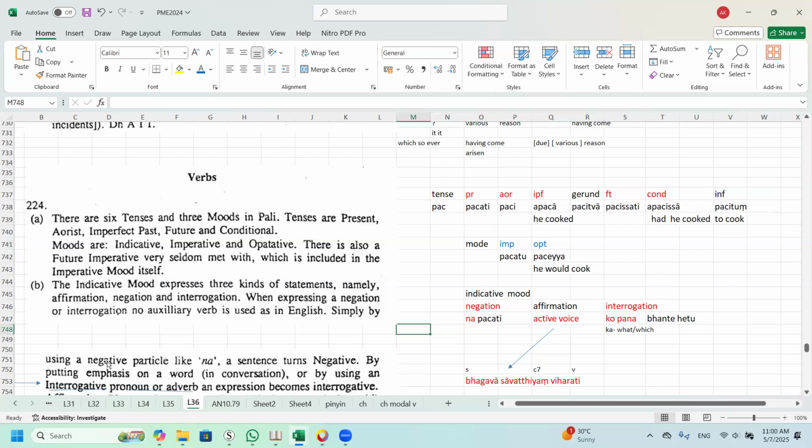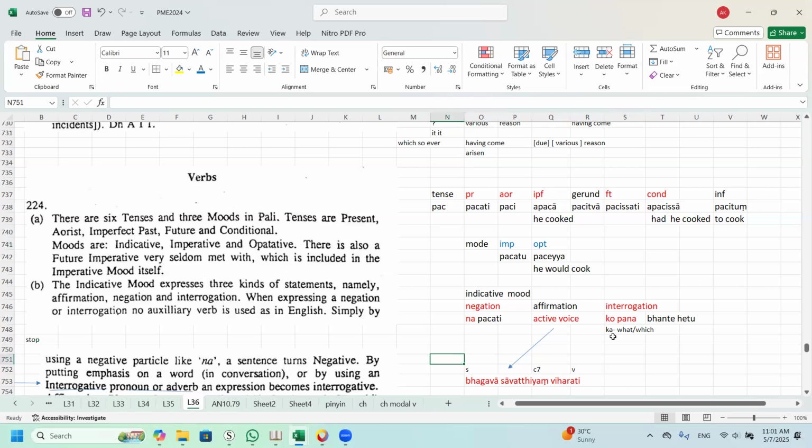We'll finish up to this juncture, then we will continue next time, because of the indicative. So indicative, it puts under affirmation. It will put under negation. This is purely negation. Then interrogative. So technically, this one is interrogative, kopana.